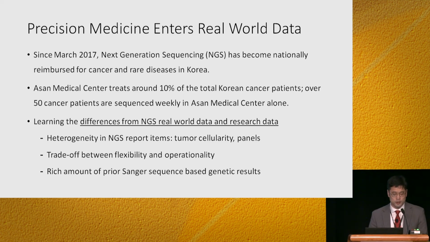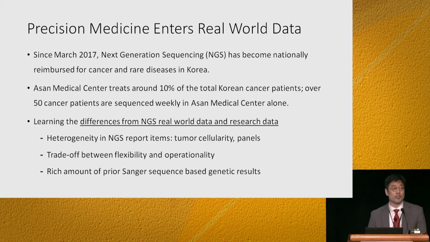But we were also understanding some other points. As next-gen sequencing was entering the real world, we saw some differences from when we did it as a research-based study. In research, the sampling and procedures were quite homogeneous and operationable, and you didn't have to think about other things. But in real-world data, it was quite heterogeneous.